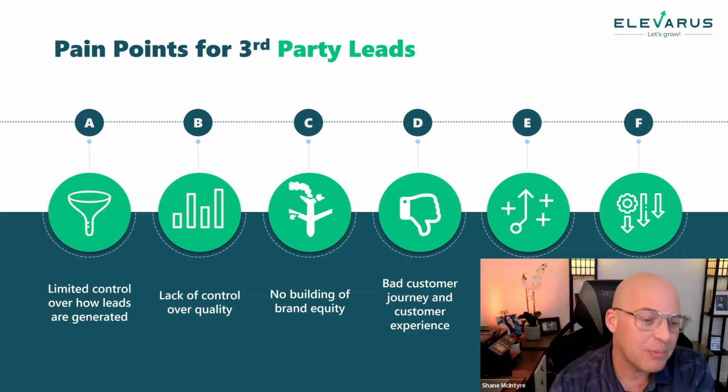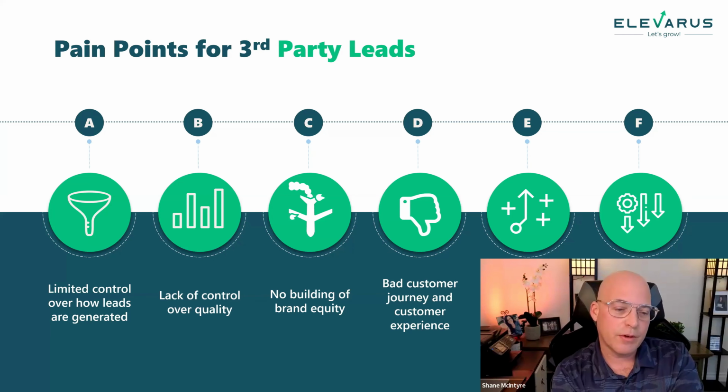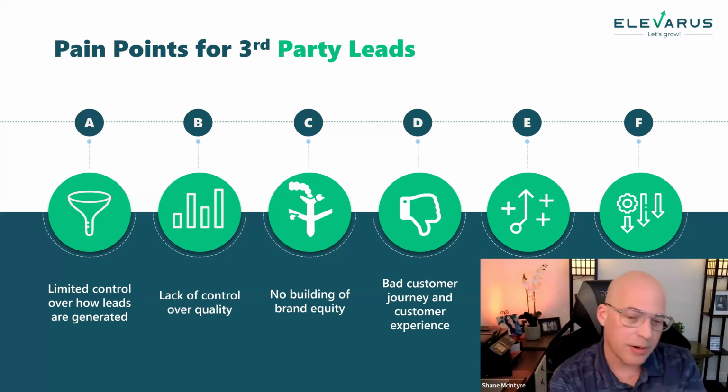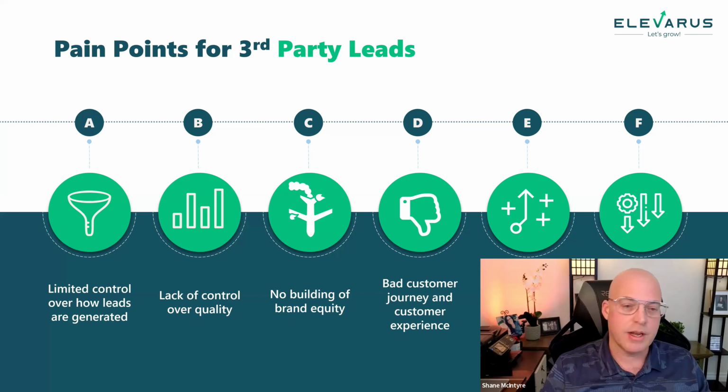And then the final pain point is really limited control of the creative or copy that's out there. And this is a big problem if you're buying third-party leads. There's a lot of incentivized media. So we can run an offer, for a $50 free gift card if you fill out this form. And there's publishers and affiliates that do that in all the industries, solar and mortgage and real estate. And people just fill out forms just to get that incentivized offer for the $50 gift card.